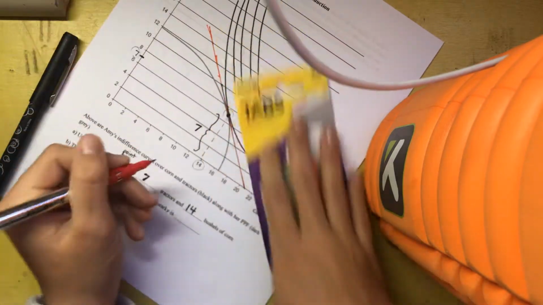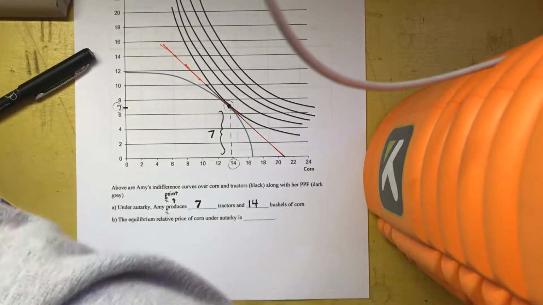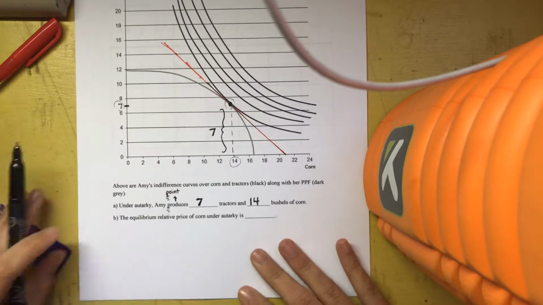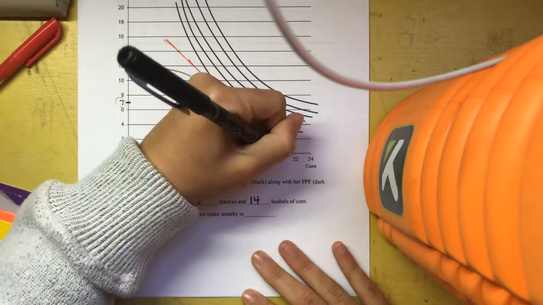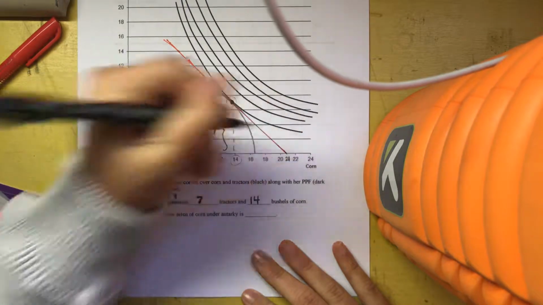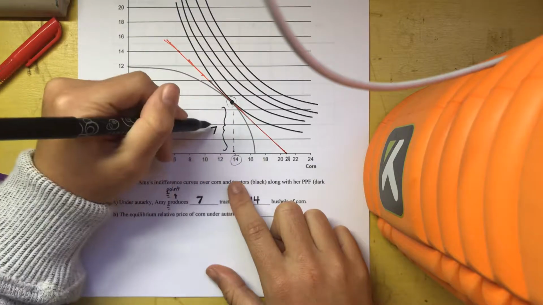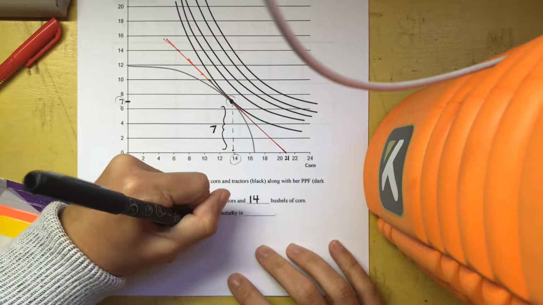It just needs to get to this point. Okay, so like I said, how we find relative prices is we go down and over like we talked about yesterday. So we already know that this point right here is going to touch 21. So when we go down, it's 7. Okay, so write 7 down.